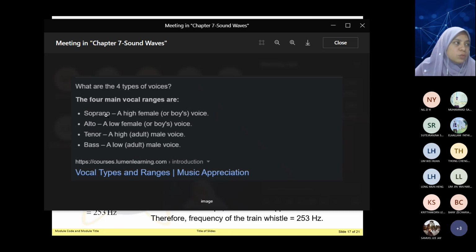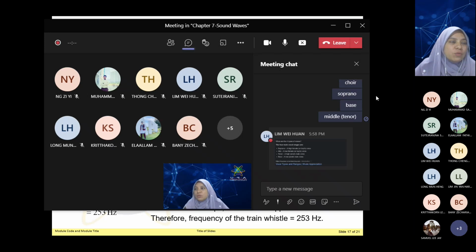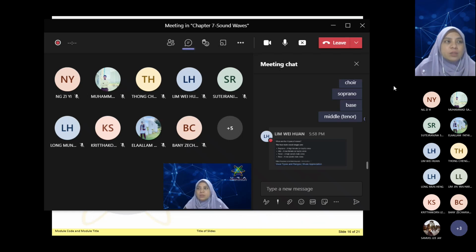So which category do you fall into? Nothing is wrong with any category, because you can cooperate with other people to have a nice sound. If the sound is only soprano, it is not so lively; you must have bass and middle.